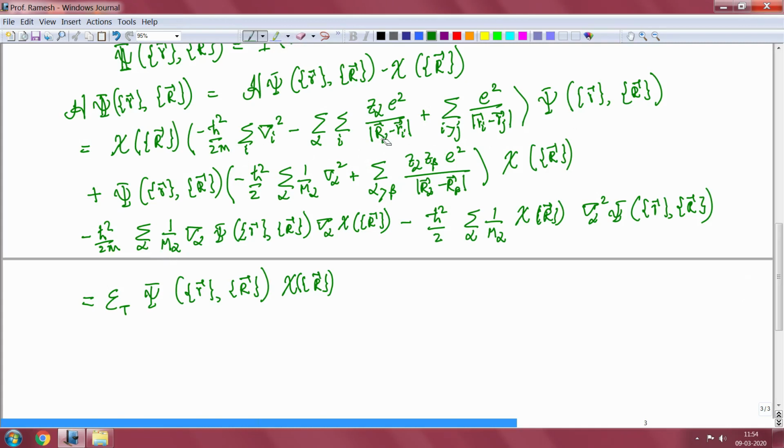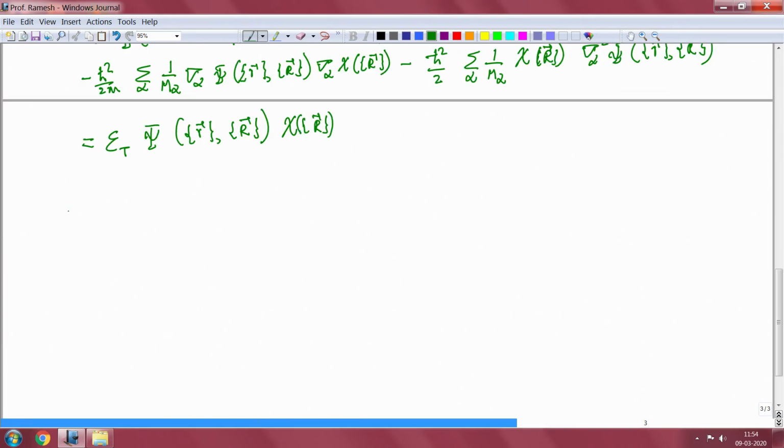That means, as long as I treat the position of the nuclei parametrically, that means I fix every value of the nuclear coordinates while calculating the wave function psi, and when I want to find out the wave function for a second set of nuclear coordinates, then I will change the nuclear coordinates to a new set and again calculate this electronic Hamiltonian. Then I can think of it as though the Hamiltonian here is an electronic Hamiltonian in which the nuclear positions are frozen or treated parametrically. So, I can actually write the following equation, which is quite simple to understand.